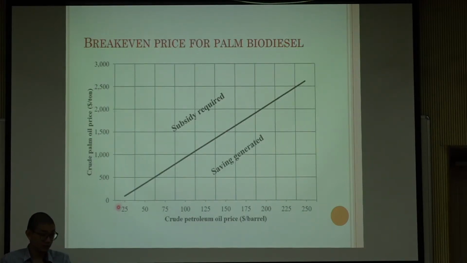Then this one is like I already showed you yesterday. If the crude oil price is at some level, and we just assume everything else is still the same, with the crude oil price at nearly 100, which is around 1,000 per ton, you see it is almost break even.